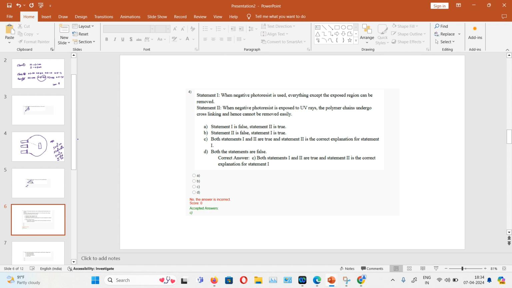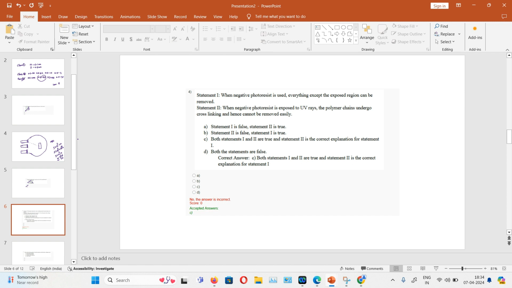But what happens in the case of a negative photoresist material? When we expose the polymer with UV light, extra cross-linking happens between the monomeric molecules such that it hardens, and when we use a developer, all the photoresist material is removed except the place where the UV exposure happened.